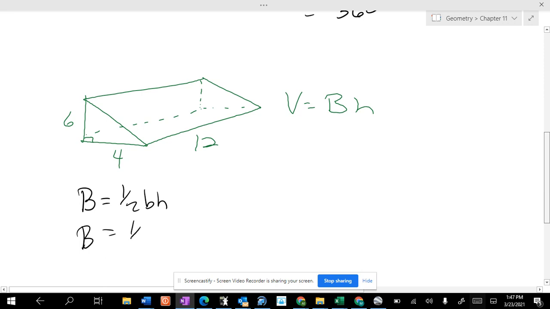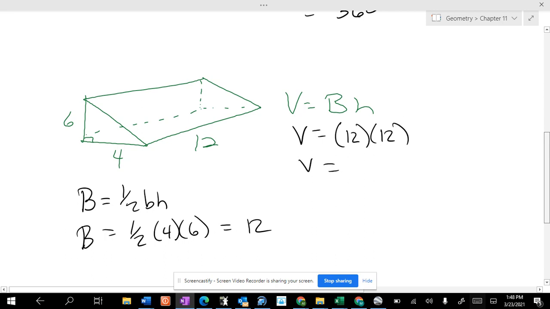So big B is 1/2 of 4 times 6, which is 12, right? So the volume of this object is the area of the base, 12, times the height. What's the height? 12, because it's the distance between the two bases. The distance between the two triangles is the height.